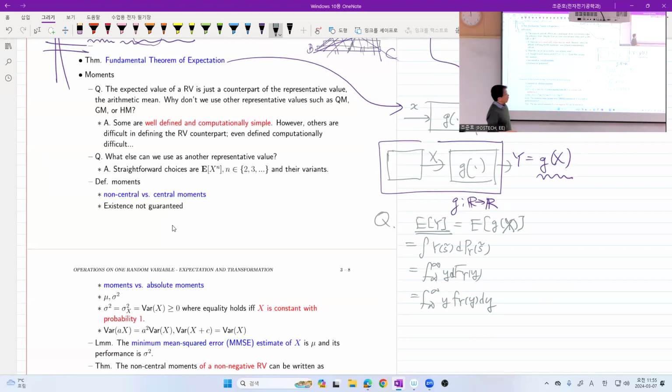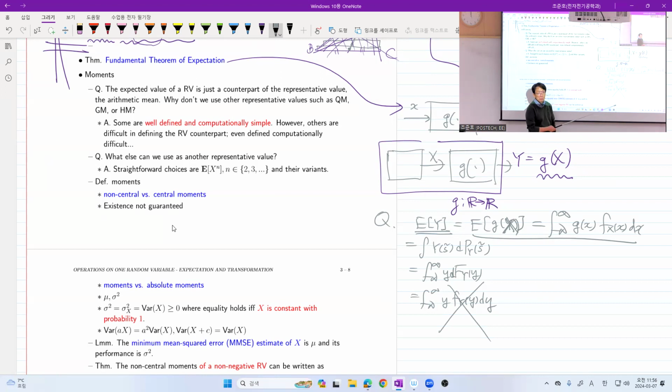The fundamental theorem of expectation says that you don't need to derive this density. Just use this one, if the PDF of X exists. Unfortunately, as I told you in the beginning of this class meeting, even my high school textbook just provided the fundamental theorem of calculus. The fundamental theorem of expectation was just given as a definition in many lower level undergraduate textbooks. Actually, it's not.